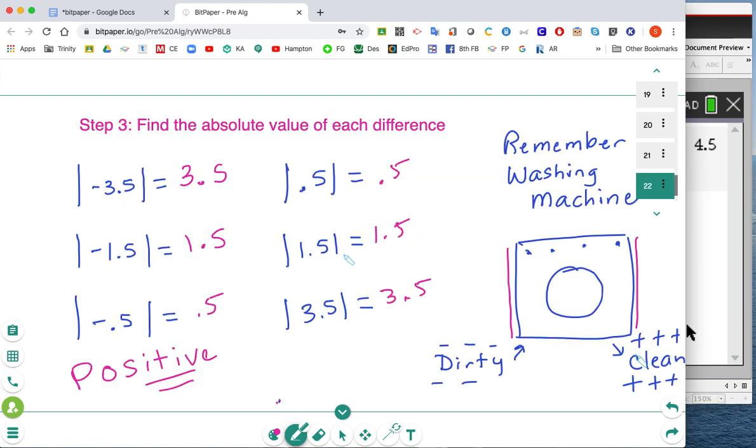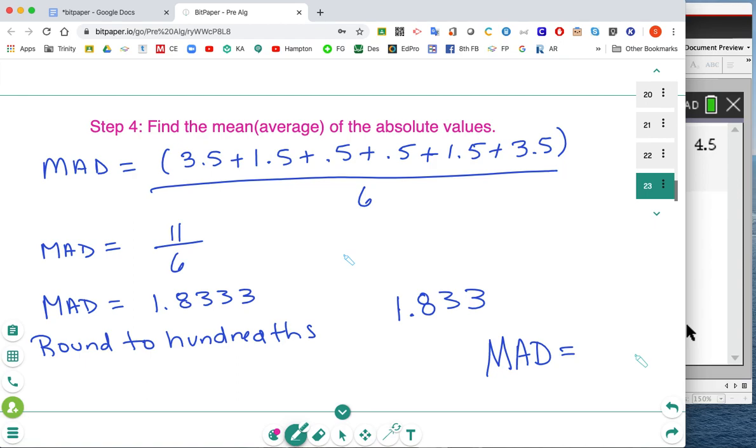Now, when I find the mean absolute deviation, what I'm going to do is add all of my absolute values together. That's the 11 that we just got. And we're dividing by 6 because there's 1, 2, 3, 4, 5, 6 numbers.